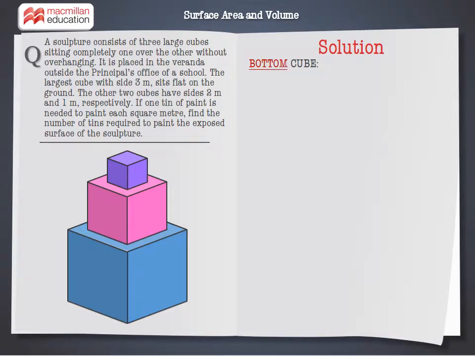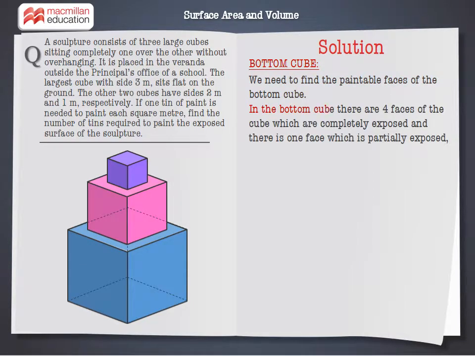Let us consider the bottom cube. We need to find the paintable faces of the bottom cube. In the bottom cube, there are 4 faces of the cube which are completely exposed, and there is one face which is partially exposed. That is, the topmost face of the bottom cube is partially exposed.